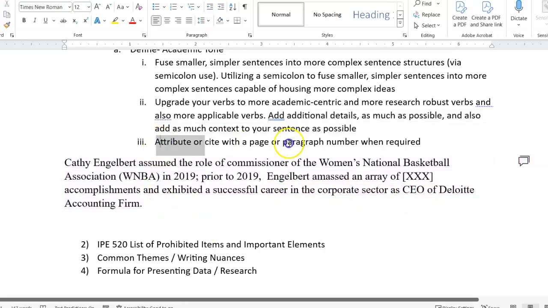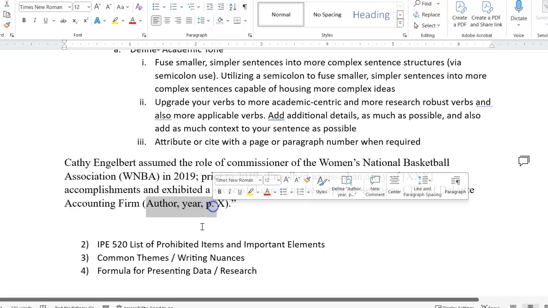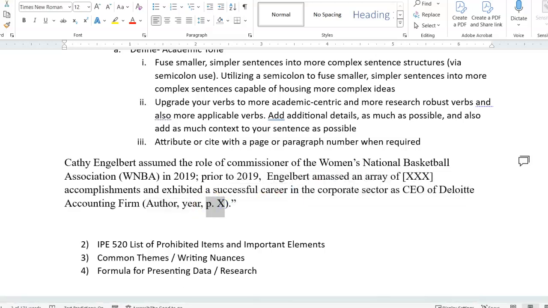So let's look at step three, attribute or cite with a page or paragraph number when required. So let's just do a citation on this one, a normal citation that most of you are familiar with. So author, year, page. And you may ask yourself, why are we including the page number?